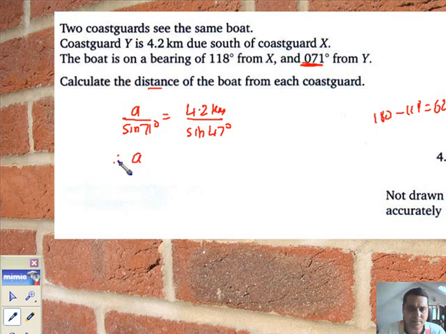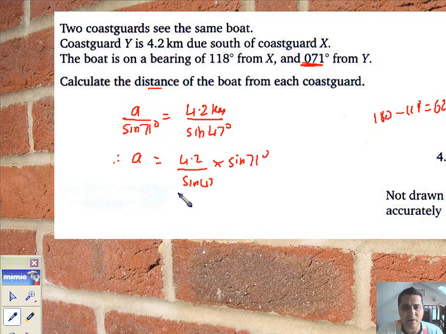So, to get A on its own, therefore, we need to go 4.2 kilometers divided by the sine of 47, and then just multiply by the sine of 71 degrees, because we're just taking it over and multiplying as usual. And we don't need to shift sign anything because we're working out a length. We just go 4.2 kilometers divided by the sine of 47.